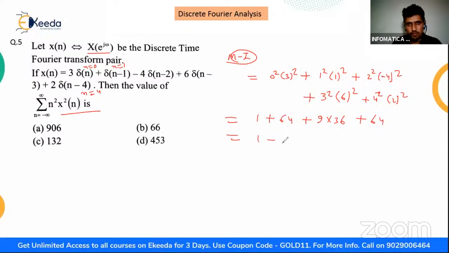So this will simply be 128 plus 9 6 is 54, 9 3 is 27, plus 5. I added the 3 to 4 already. So now coming to it, it will become 453. So the final answer is option D.